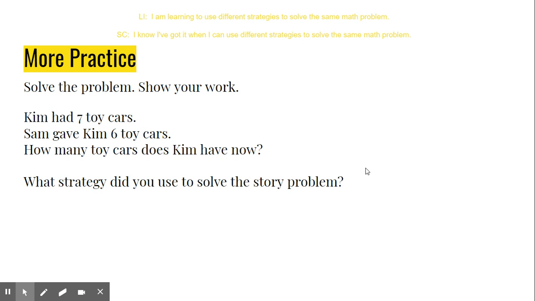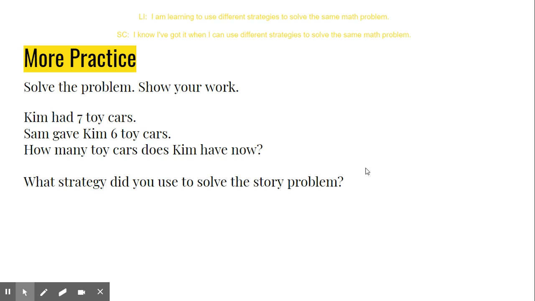So she started with 7 and Sam gave her 6 more. How many does Kim have now? Am I going to be adding or subtracting? Right, I'm going to be adding because Sam gave some more to Kim. We're solving how many Kim has total.